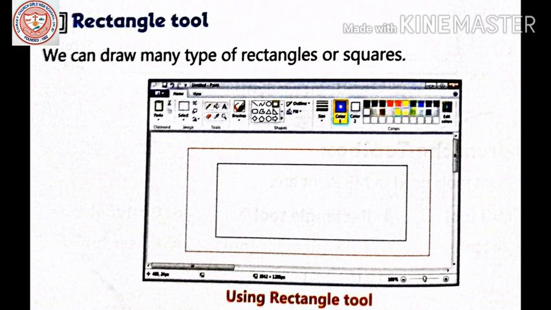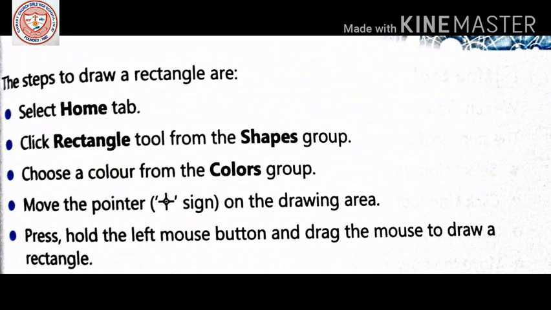Move the pointer, that is the plus sign, onto the drawing area. Press and hold the left mouse button and drag the mouse to draw a rectangle.